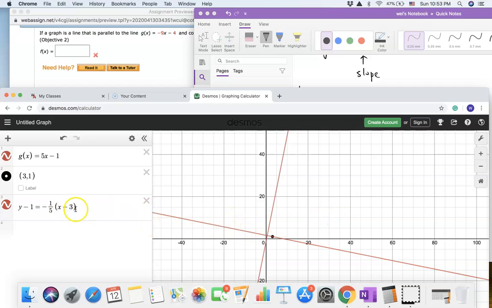You see, the graph of this straight line is perpendicular to g(x), and the point (3, 1) is contained on it.